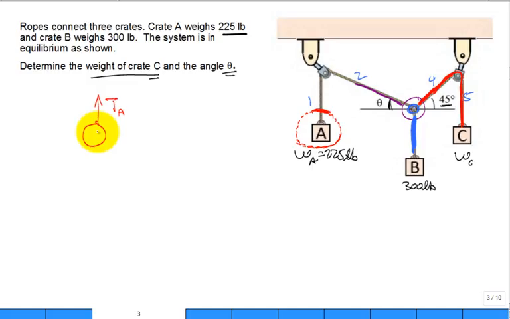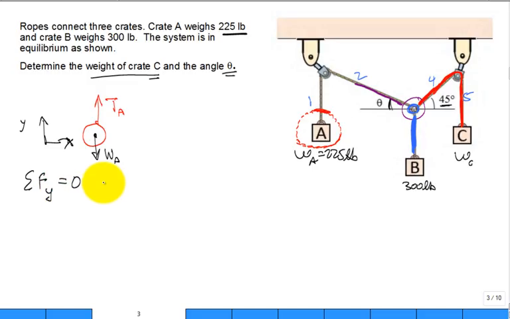Maybe you have to repeat that to yourself. Now we also have the weight of the crate A acts. It's a body force. So you think, this is great, I wish this whole class was this easy. If I do the sum of the forces in the y direction, usually y is up and x is horizontal, the sum of the forces in the y direction has to be equal to 0.